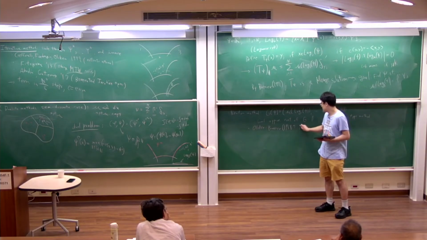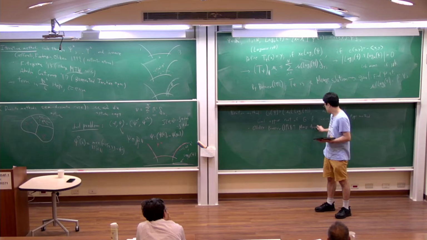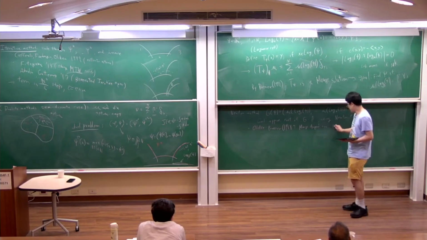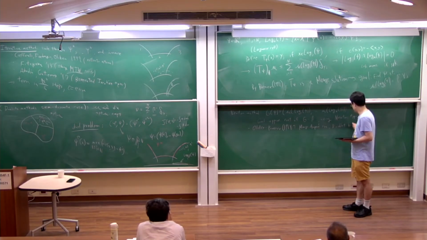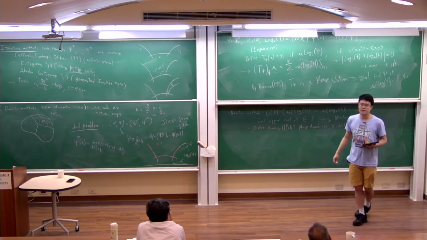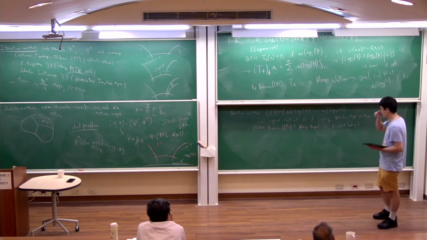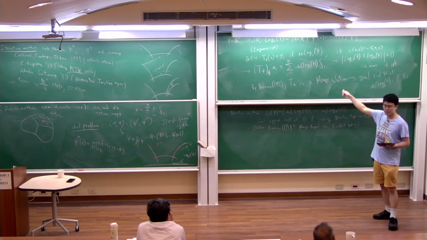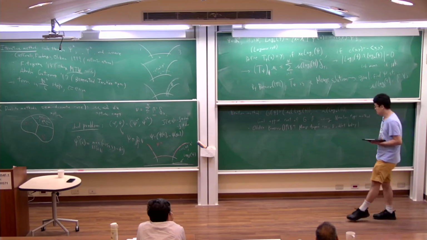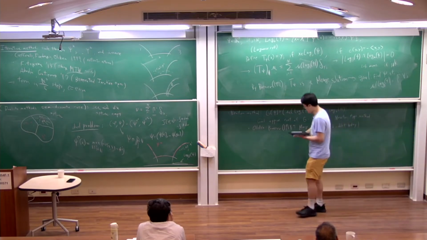This is solving the Monge-Ampere equation with some kind of Dirichlet boundary conditions. So you can argue that solving some weak form of this Monge-Ampere equation is equivalent to, no, I mean now it's known that it's equivalent to solving an optimal transport kind of problem. But this was the original motivation here.